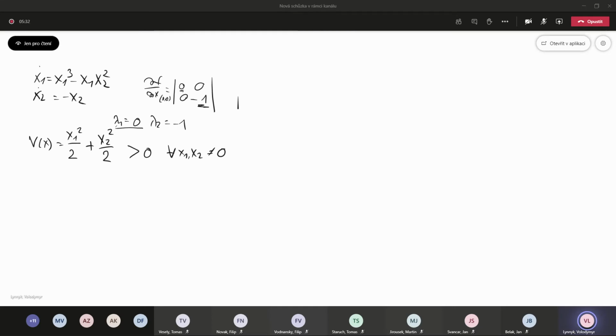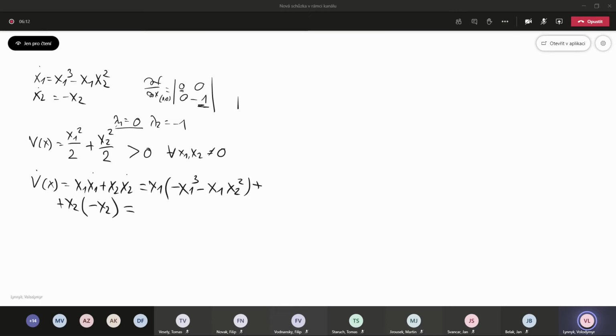And the derivative V dot of x equals x1 x1 dot plus x2 x2 dot, and it's equal to x1 times (x1 cubed minus x1 x2 squared) plus x2 times x2 dot, which is minus x2.